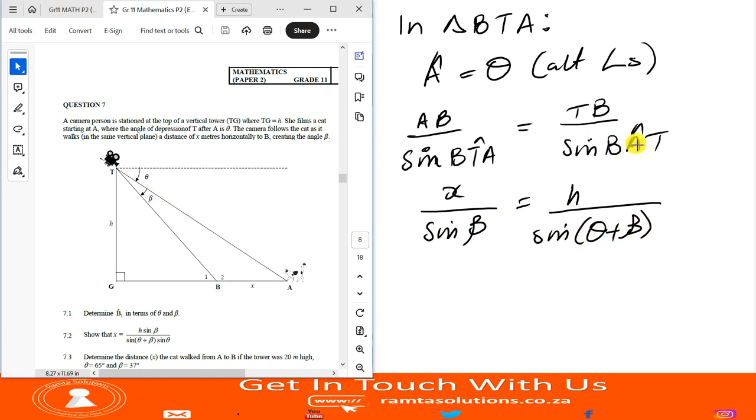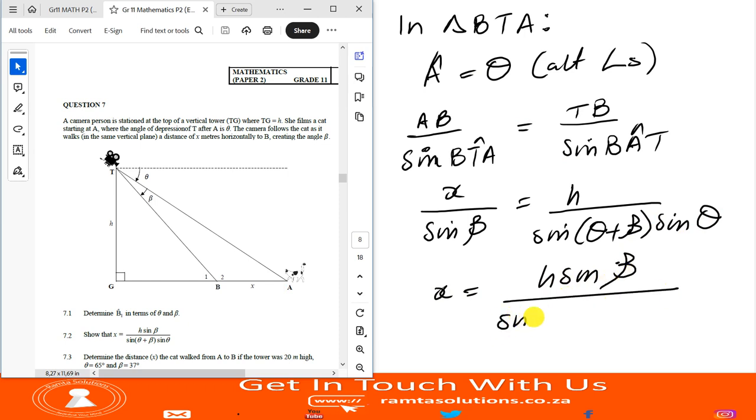And then what is angle BAT? Which is angle A, you found it to be theta. Oh, nice. Now we can say, cross multiplication. X is H sine beta over sine theta plus beta, sine theta. Happy? Perfect.